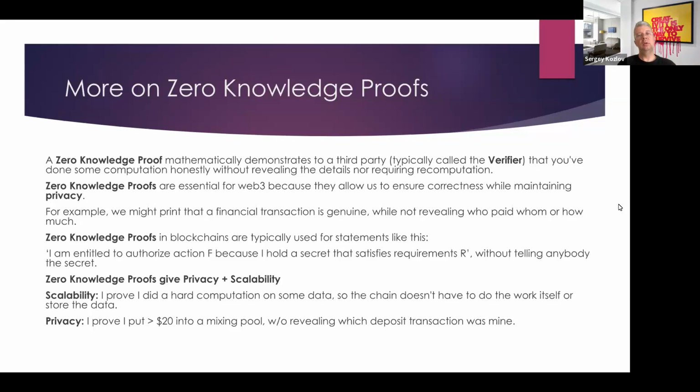But the verifier can verify this proof with minimal computational power, which means that even a smart contract on chain can check our proof with very little gas cost and transaction cost. That's also very important. That speaks for scalability.